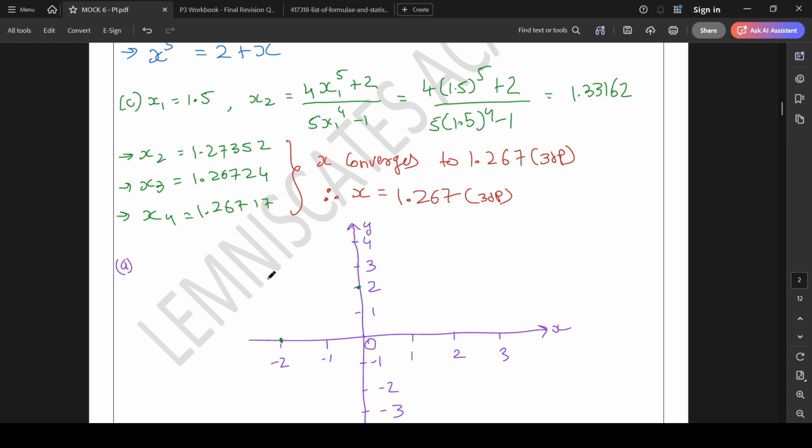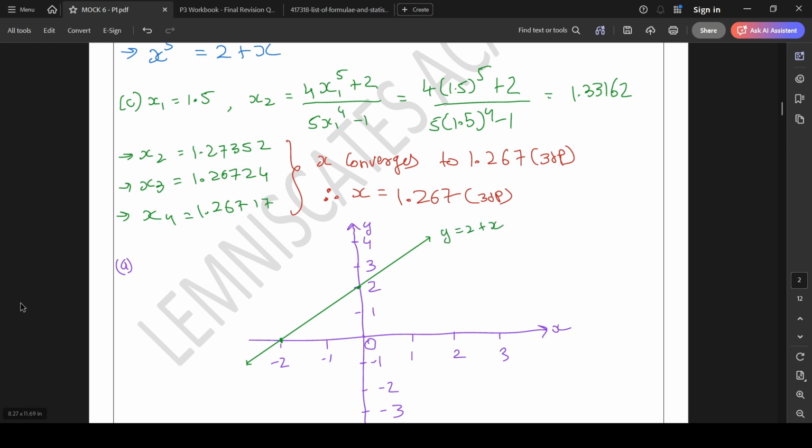Let me call this 4. And now let me draw the graph. So yeah, of course you can't go beyond your axis, so to show that the graph keeps on continuing, we can show an arrow like this. And this is my y is equal to 2 plus x.